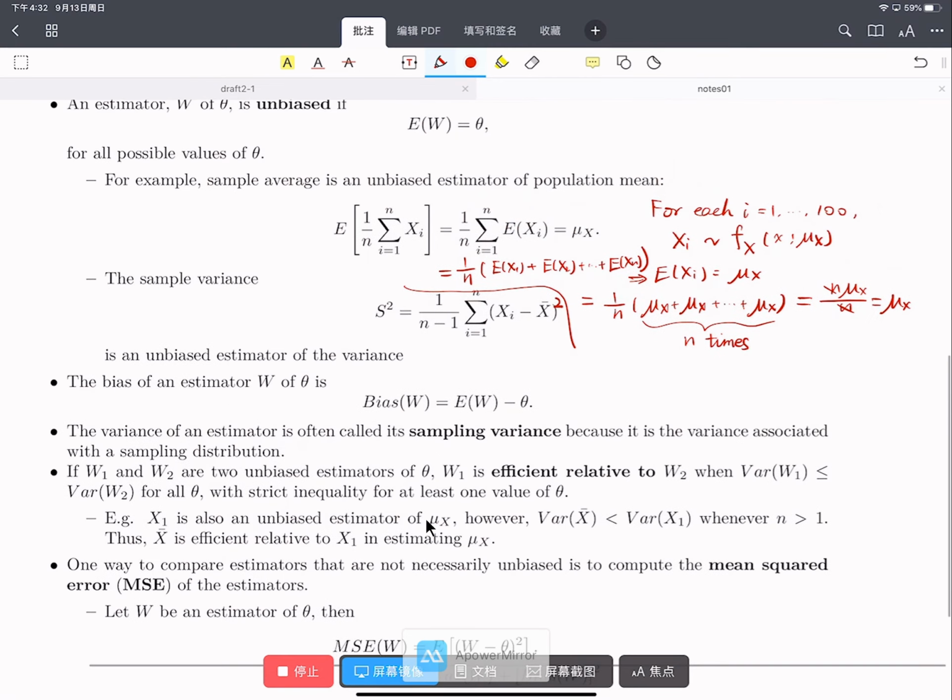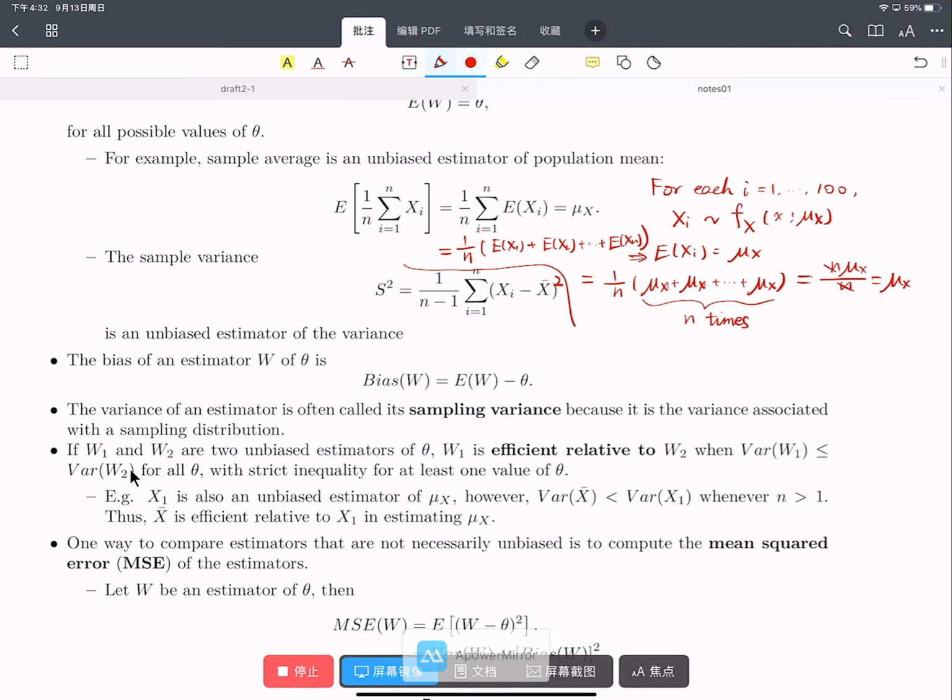The other thing I want to mention is, suppose two estimators are both unbiased, W1 and W2. For example, we use both x1 and x2 to estimate the population mean. We say W1 is efficient relative to W2 if the variance of W1 is less than the variance of W2.